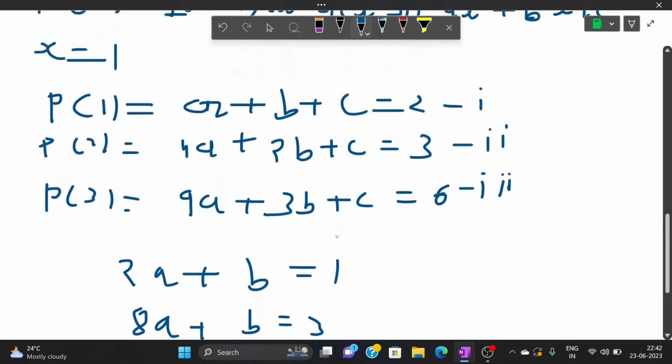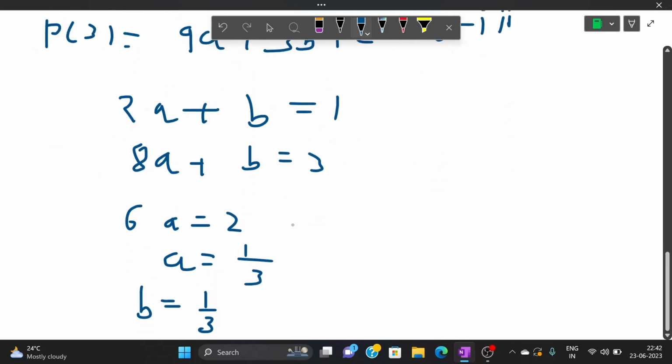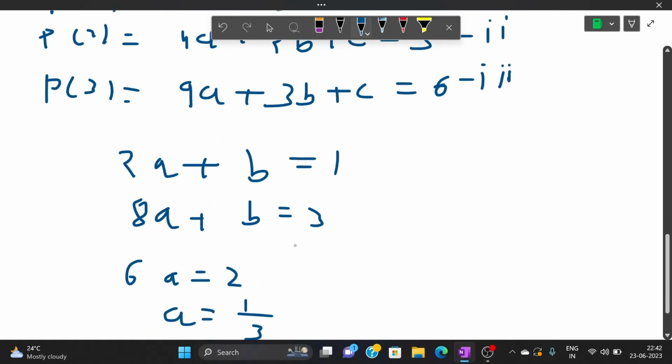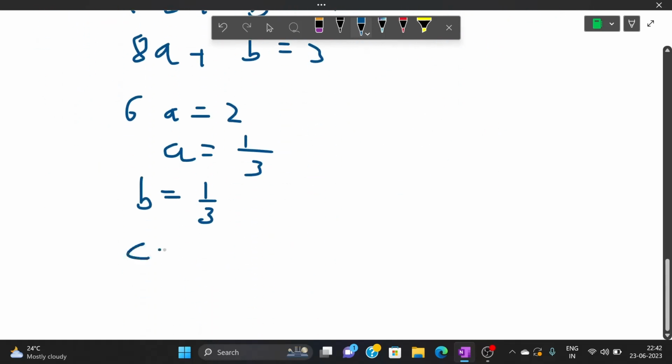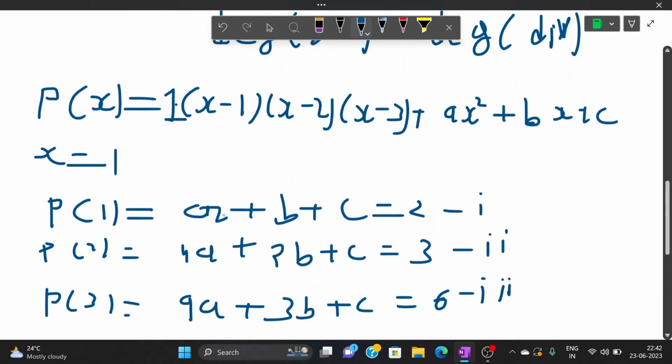And C, A plus B plus C is 2. So 1 by 3 plus 1 by 3 is 2 by 3 and 2 minus 2 by 3 is 4 by 3. So C equal to 4 by 3. Normal solving. 3 variable, 3 equation, linear one, very simple to solve. Solved. Now just put it back.